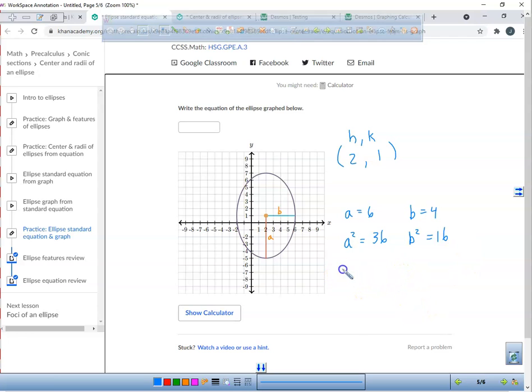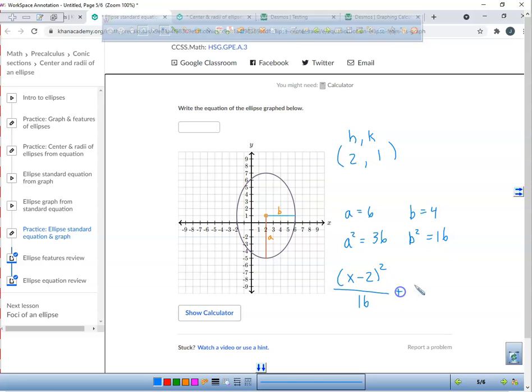So right now, even if I wanted to start with the x's, I can. I'm just going to put x minus 2 squared. But what's it going to be over? It's going to be over 16. Remember, it's over b squared.